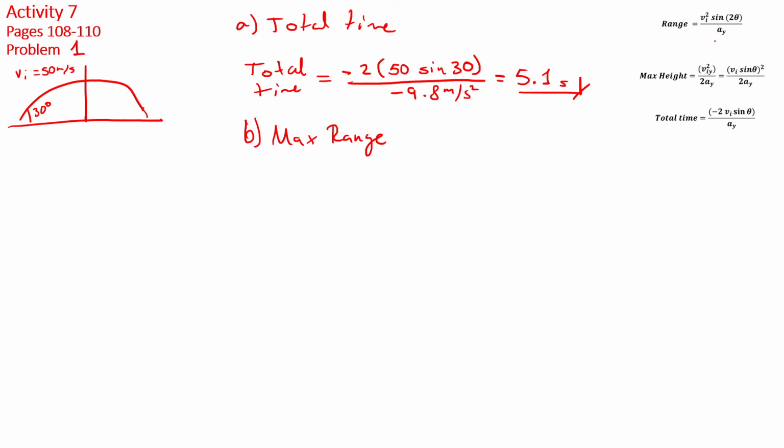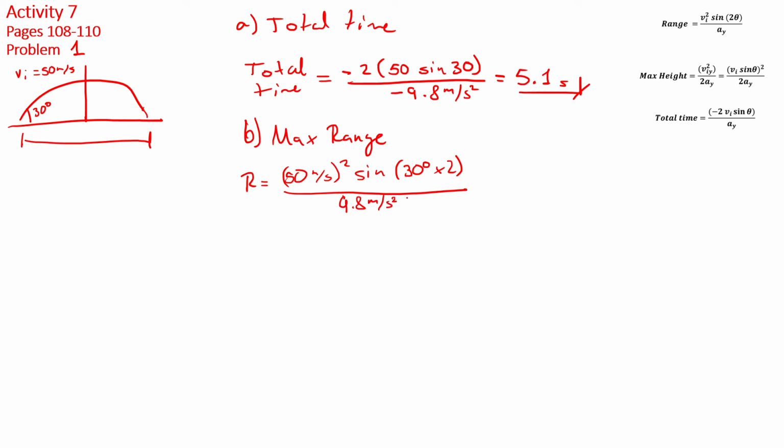Remember, acceleration in this case is positive, and it will be range, the horizontal displacement, equals the initial velocity, 50 meters per second, squared, times sine of 2 times the angle, all that divided by positive 9.8 meters per second squared.